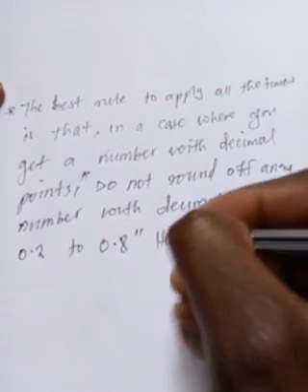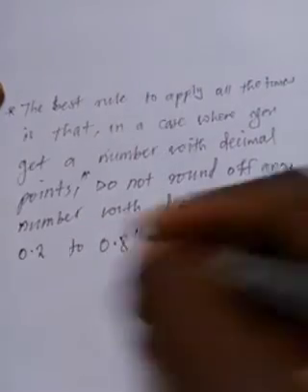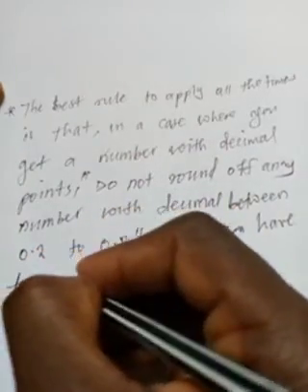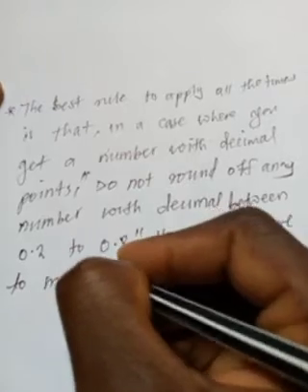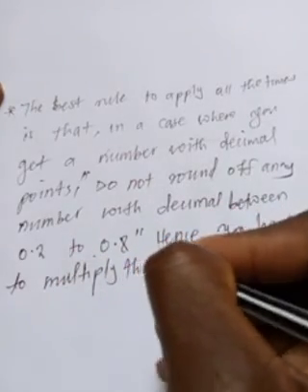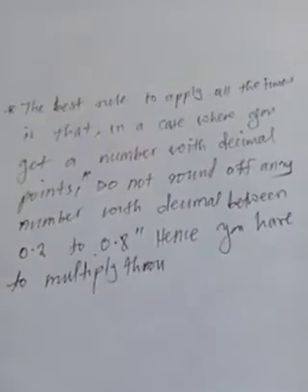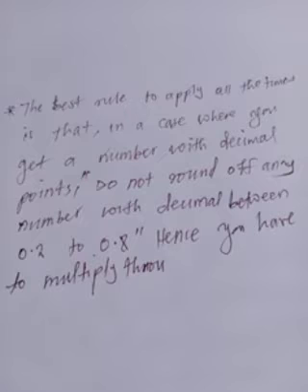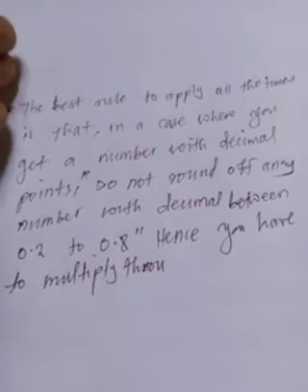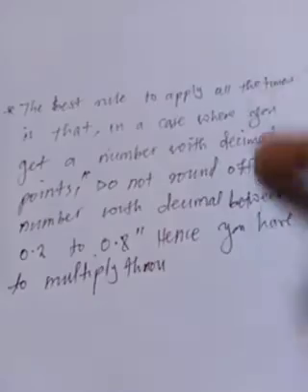Hence, you have to multiply throughout. You multiply throughout all the numbers that you are going to get for each respective element. Remember, we're moving in the vertical way. Each element is going to have its own line of numbers. Same applies in the middle and also the last element.